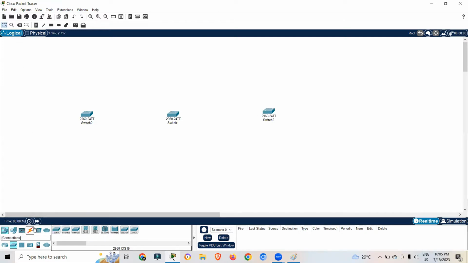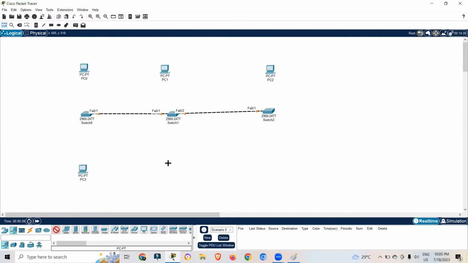These are connected via these links like this. And I have some PCs here: one, two, three, four, five, six. There are some PCs connected here. Let me connect all these.